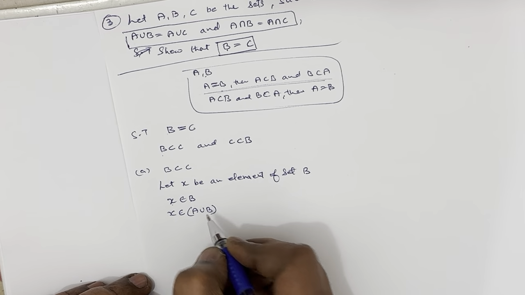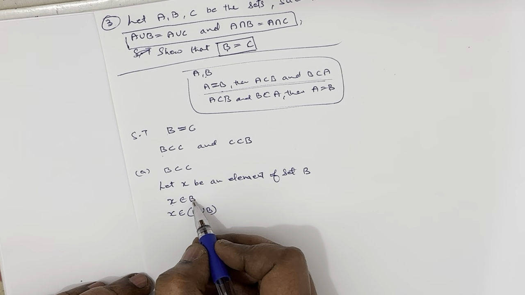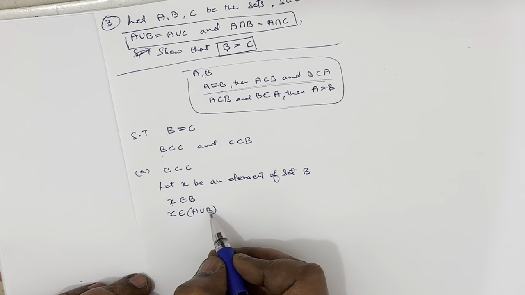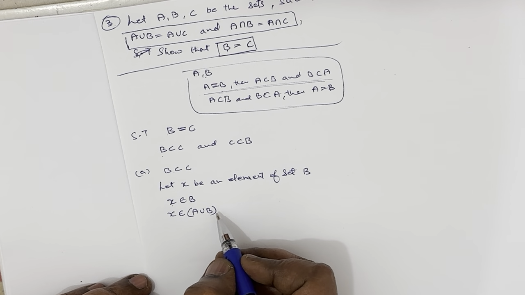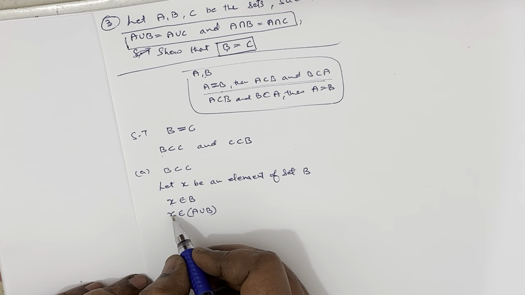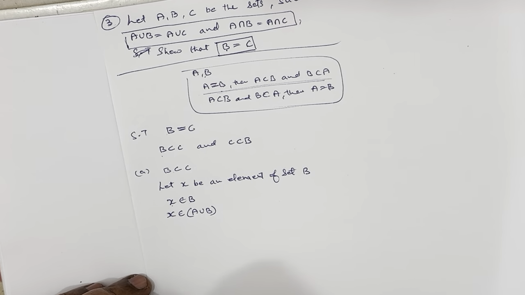Since X belongs to B, if you take A union B, X will also belong in that union. So we can write X belongs to A union B.